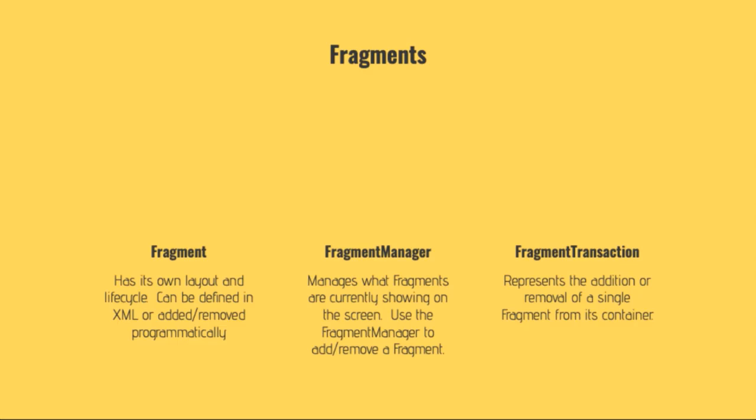You can add a fragment to an activity using XML, or you can programmatically add and remove fragments from an activity. But as we learned before, an activity is that high-level container for what's on the screen. So an activity is what will ultimately be containing these fragments.